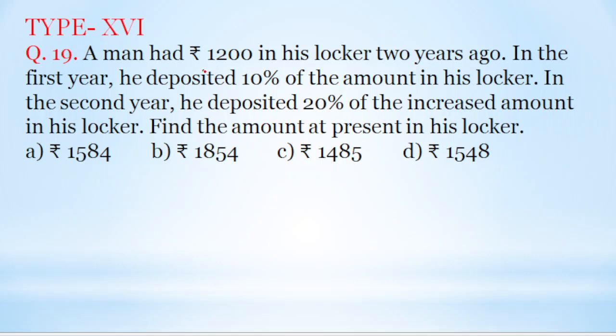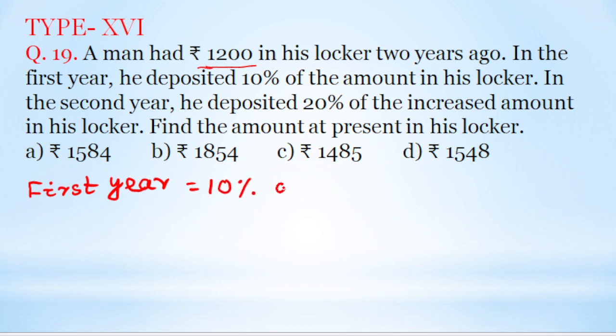Now, initially, the man had rupees 1200 in his locker. In the first year, he deposited 10% of the amount in his locker. That means in the first year he deposited 10% of his initial amount.